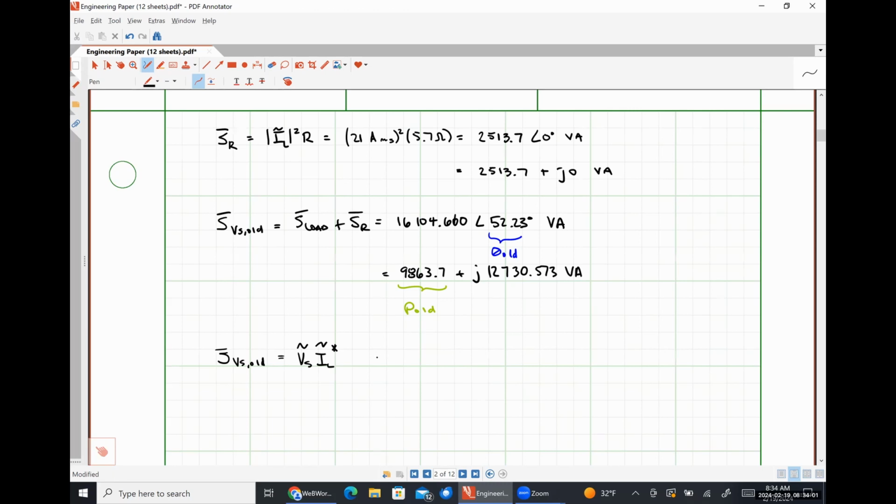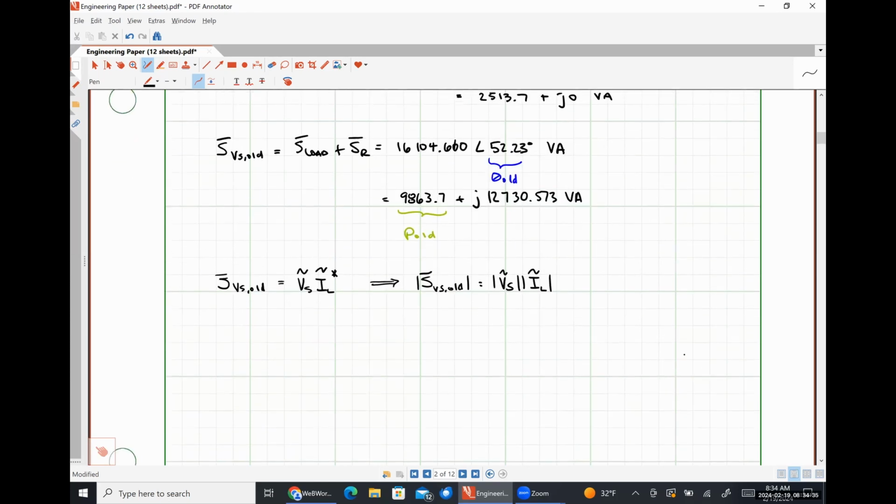But I can go one step further from this and say that the magnitude of our complex power is equal to the magnitude of our source voltage times the magnitude of our load current. And since we just need the magnitude of the voltage drop across the capacitor, this is actually all the information that we need, right?